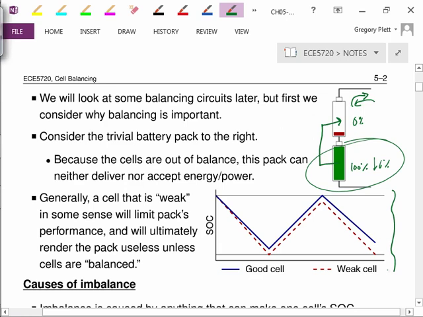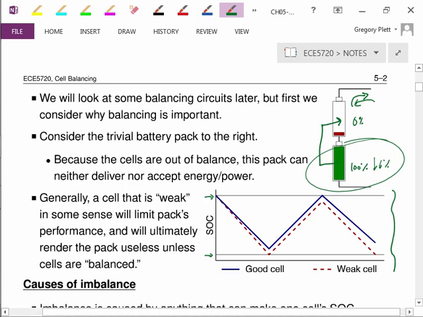It's more of showing an idea where on the vertical axis we plot state of charge, and this is the maximum allowed state of charge, and this is the minimum allowed state of charge in the application. And at the beginning of time, the good cell and the weak cell both have the same state of charge, but as I discharge the battery pack, the weak cell somehow discharges more quickly than does the good cell, and as I charge it, again, the good cell charges more quickly than the weak cell, and so forth.